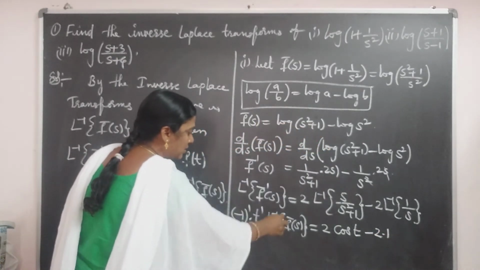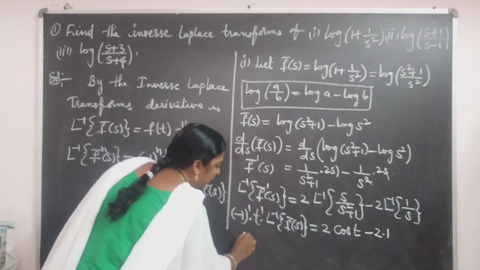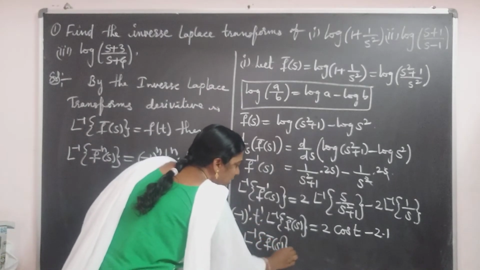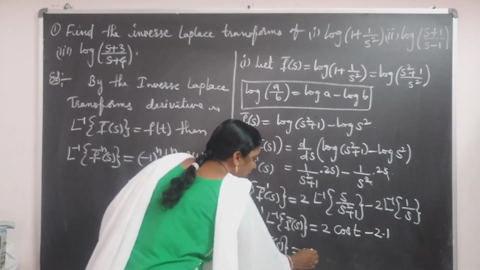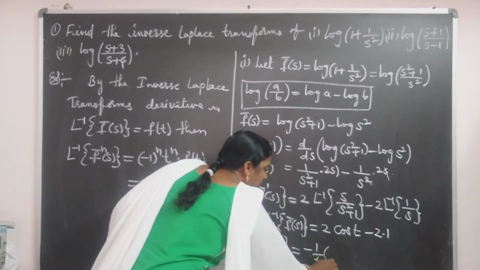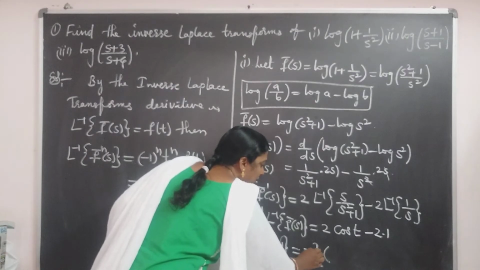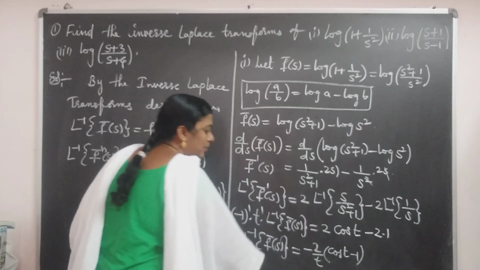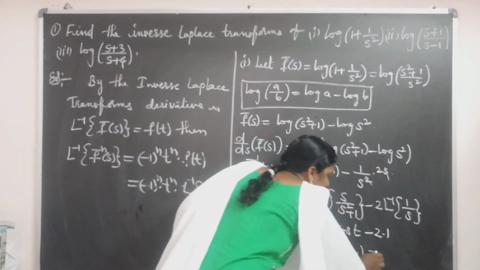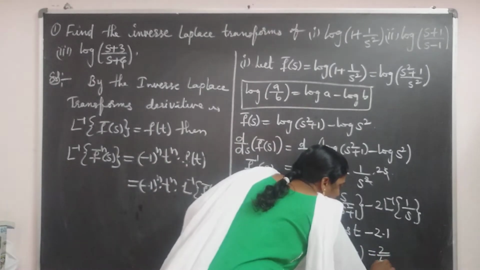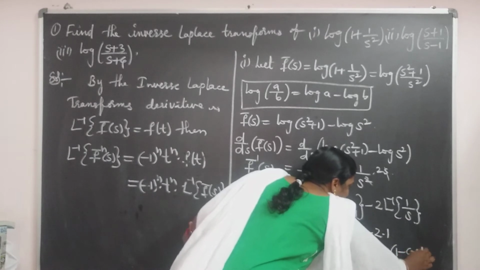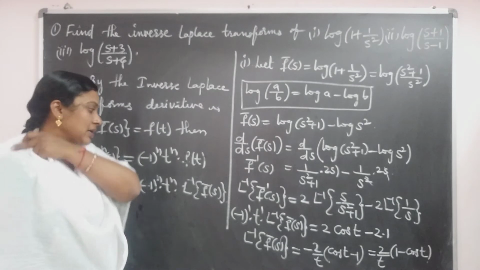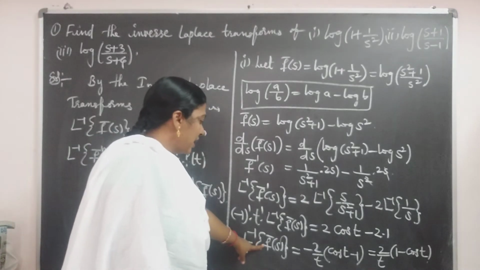Then this minus t is taken to the left side. L inverse of f bar of s is equal to minus 1 by t into 2, taking 2 outside, cos t minus 1. Then multiplying with the negative, it is equal to 2 by t into 1 minus cos t. Okay, it is the inverse Laplace transform of f bar of s.